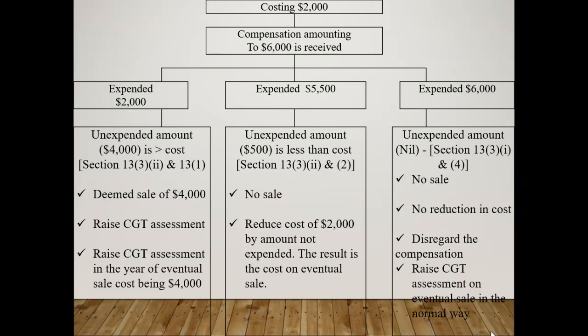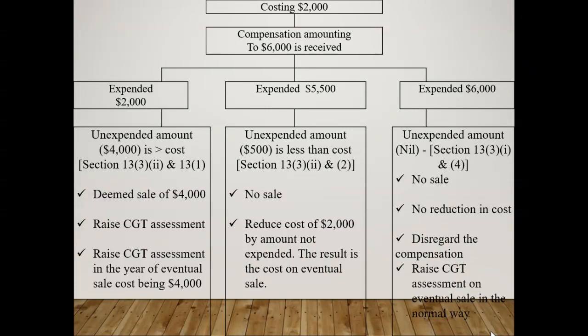Let's start with the case where we expend only 2,000. If you say 6 minus 2, the unexpended amount will be 4,000. So the deemed sale will be 4,000, which is the unexpended amount.